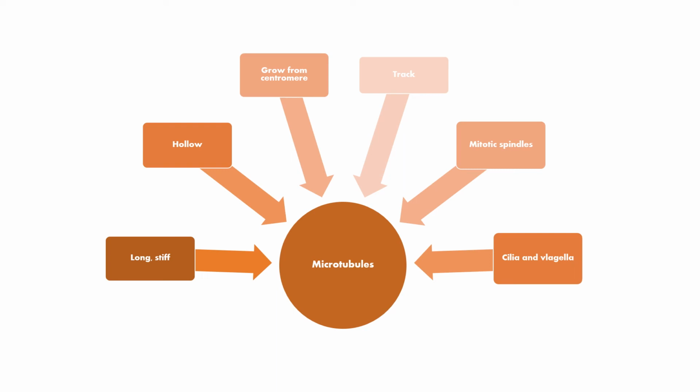Organelles travel like trains along these tracks, so they keep the organelles in their location. They reform as mitotic spindles during cell division, and they will form the core of cilia and flagella that we talked about before.